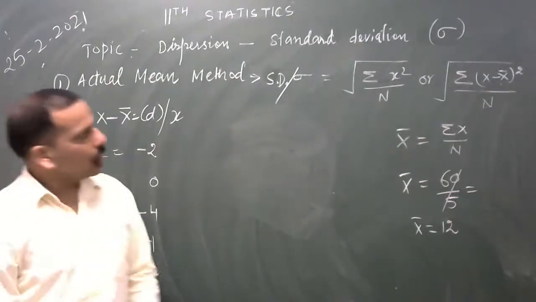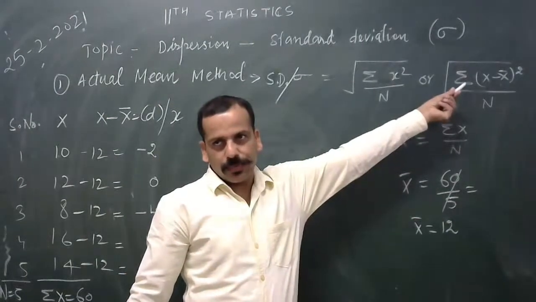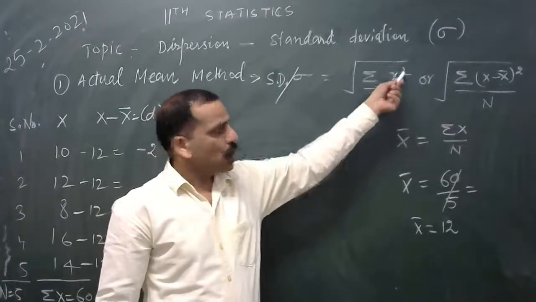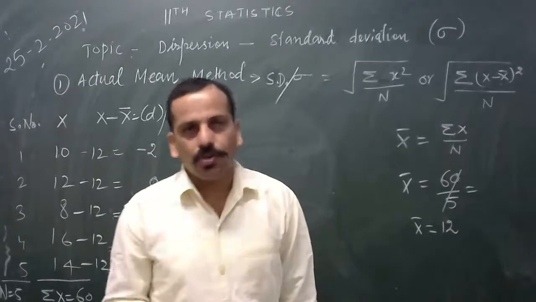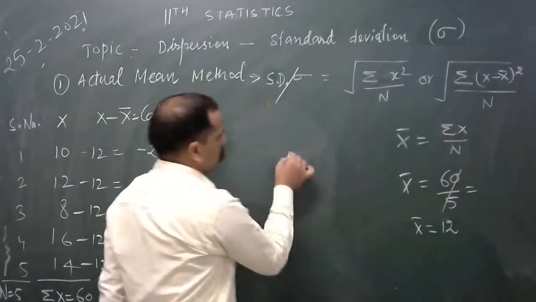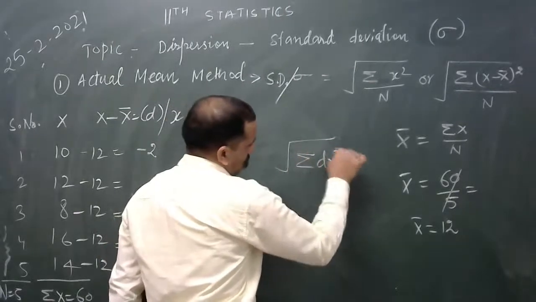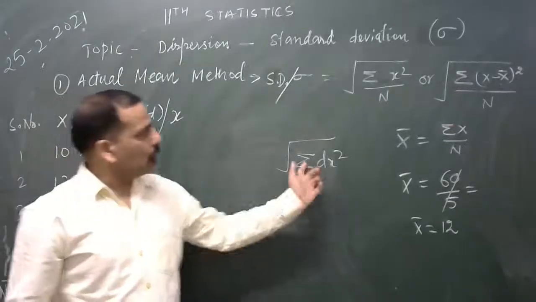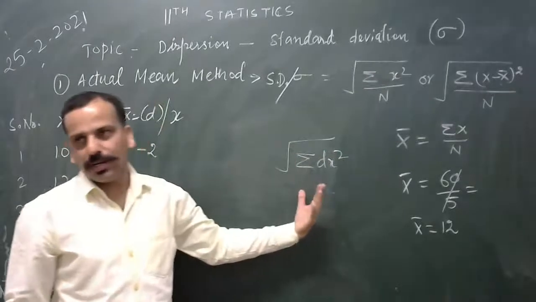Now, if you look at the sign summation x square, the square of the deviation, you can also write it as summation dx square. It is one and the same thing. In certain books you will find it written like this, and in others like this.